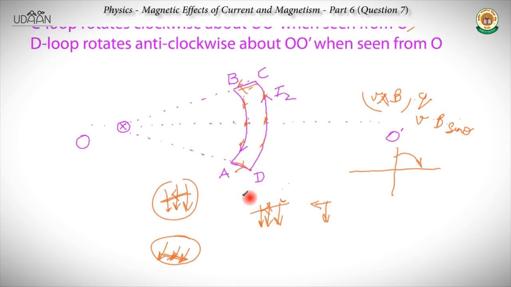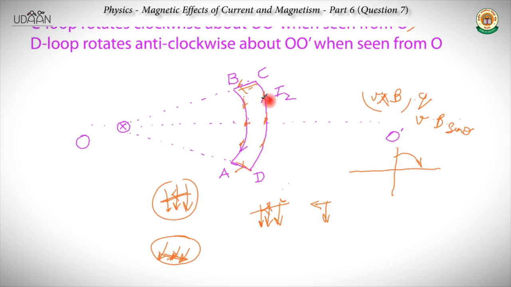Basically, we had BC and the current was coming here, and earlier we saw that one force will be acting on this and another force will be acting on AD in the opposite direction. So what this means is that it will generate a couple, so that the force will act upwards on BC and into the plane on AD.